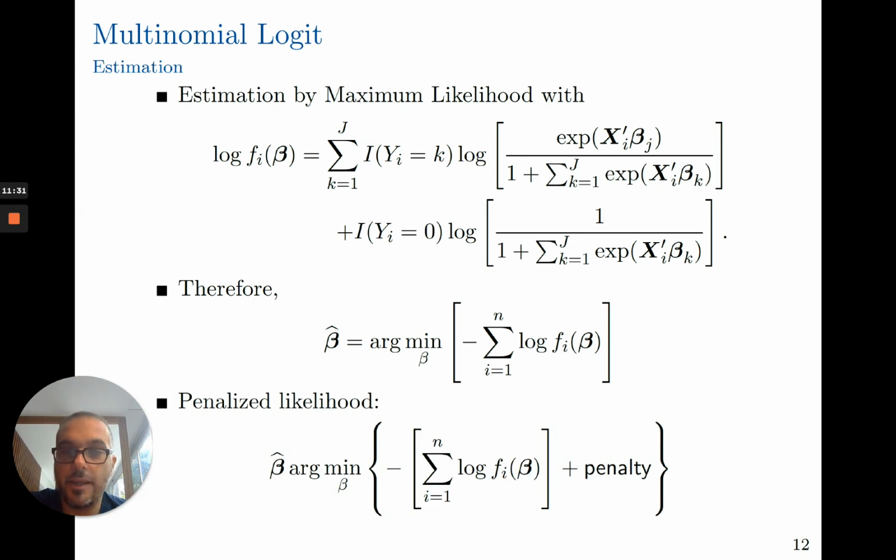Okay, and as before, we can do penalized likelihood by including a penalty, so we can do this in high dimensions as well.